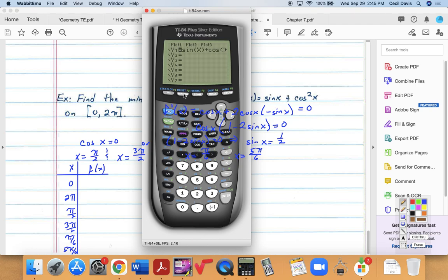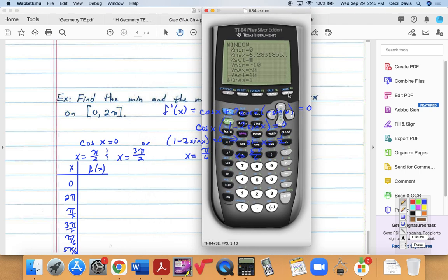And I'm on the interval from 0 to 2 pi. And graph.